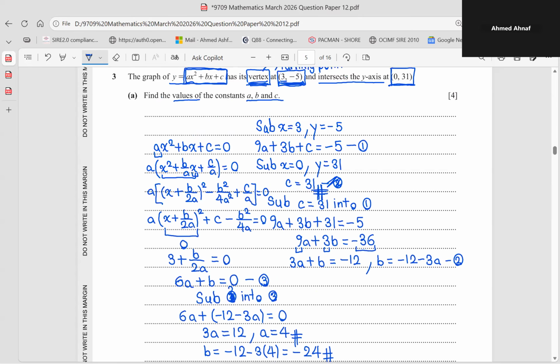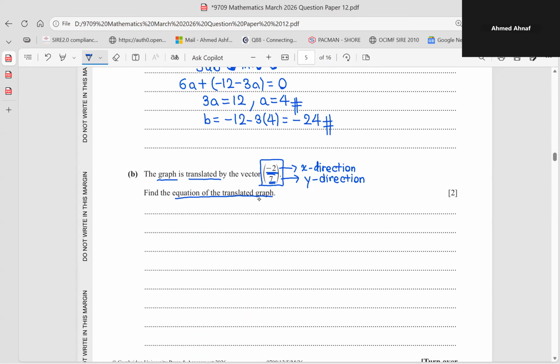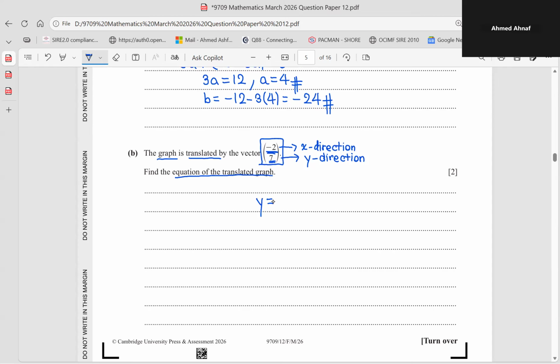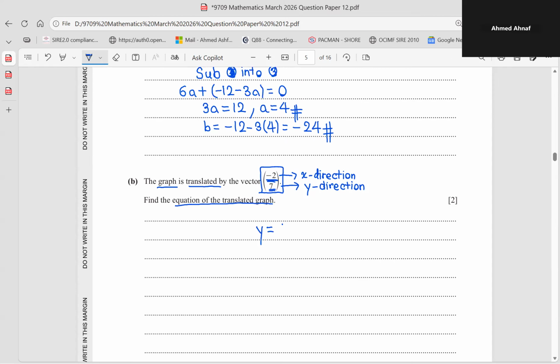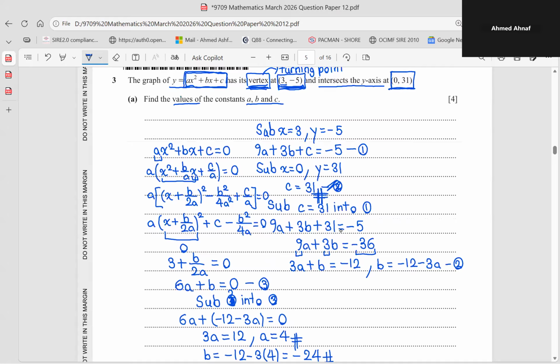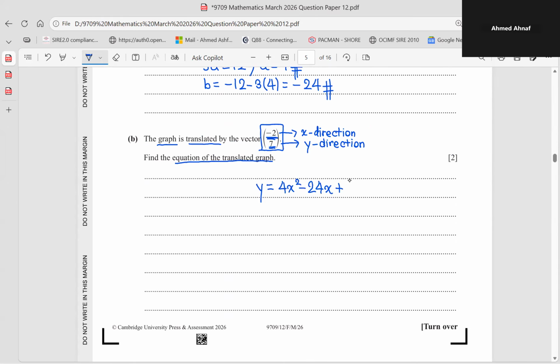So let's copy down our equation. So y equals, okay, a is 4, b is negative 24, and c is 31. Okay, so now we're just going to open up the brackets for x.